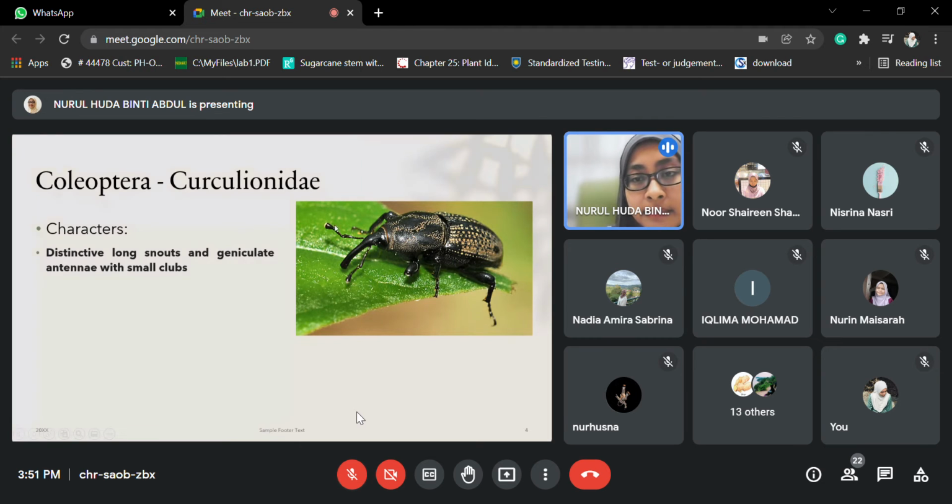Of course it has many segments: the first part has many segments, and the second part after the elbow also has many segments. At the end of the antenna there is a small club, a bit bigger than the other segments. That we call the club.